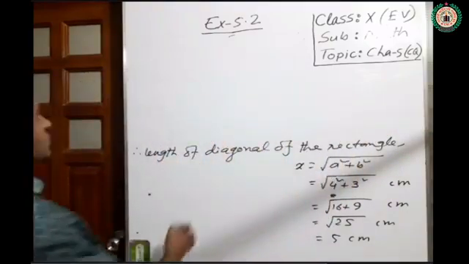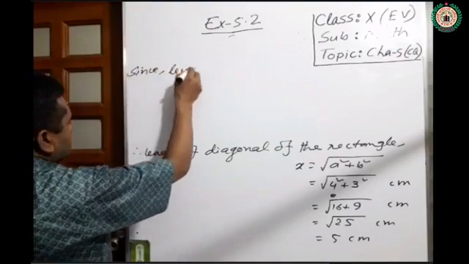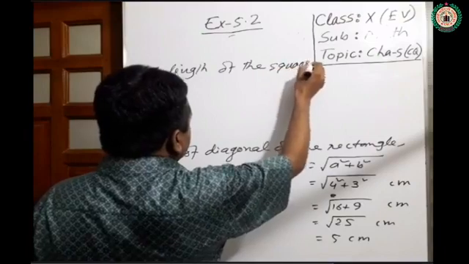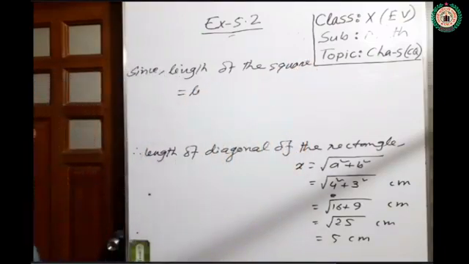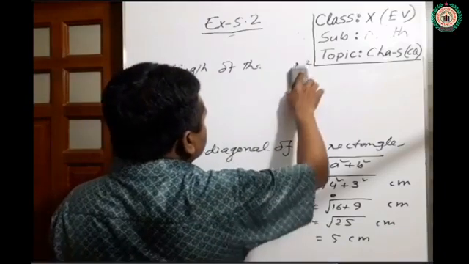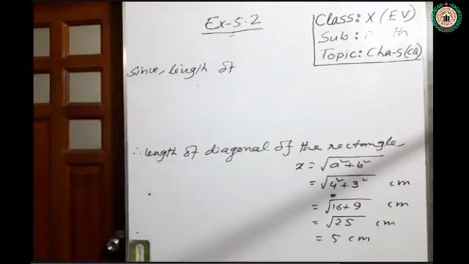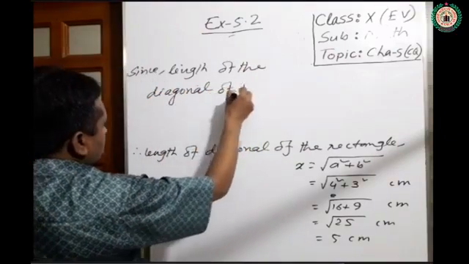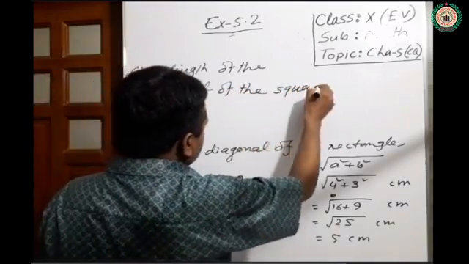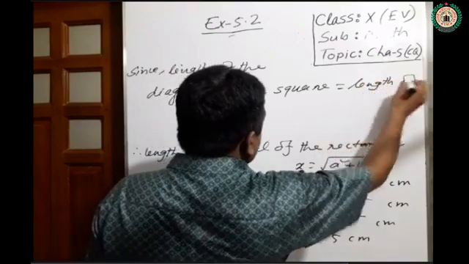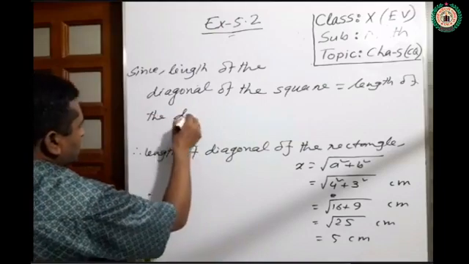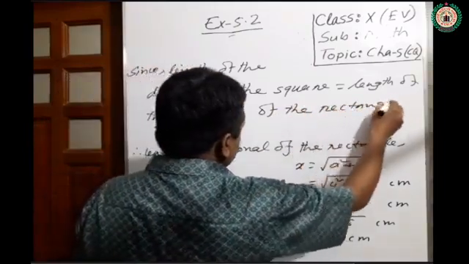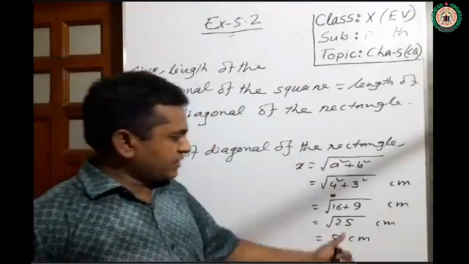Now, since length of the side of the square equal to length of the diagonal of the rectangle. Here length of diagonal of the rectangle is 5.